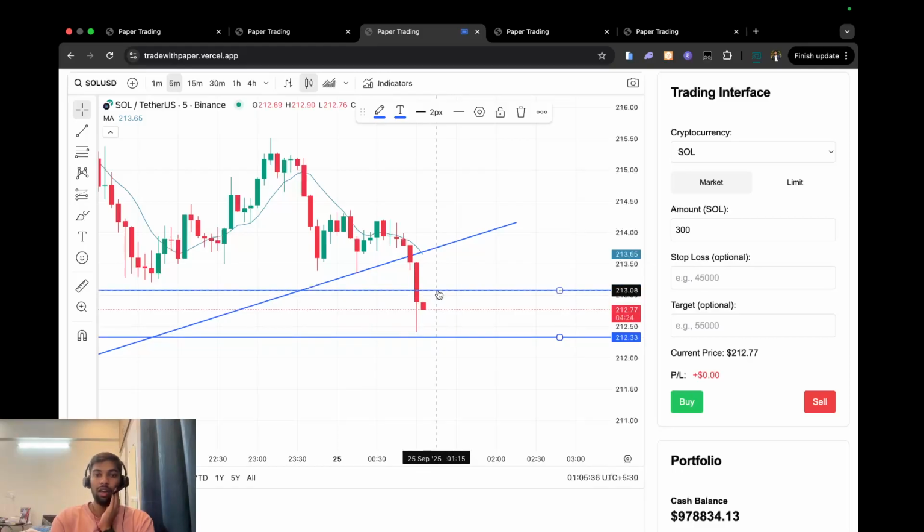Either we will enter here, at 50% of this previous candle, or we will enter whenever the candle breaks the lower point of this previous candle. In between we can't enter because we don't know whether this candle closes in green or red. So let's wait for the right setup.